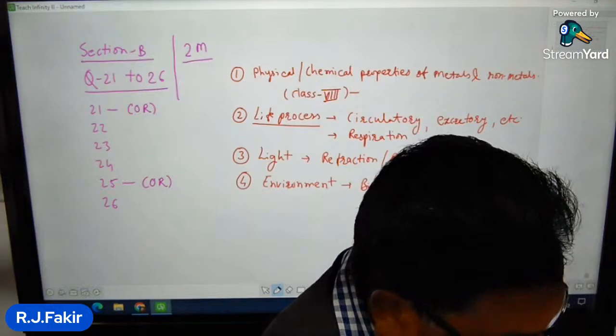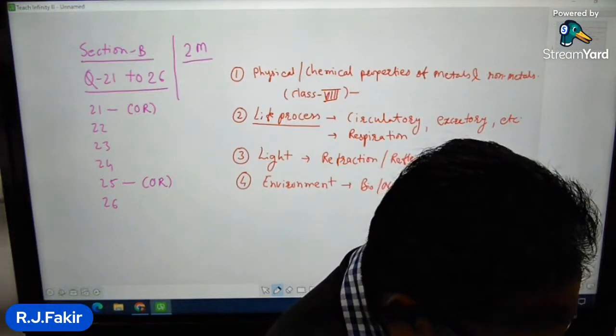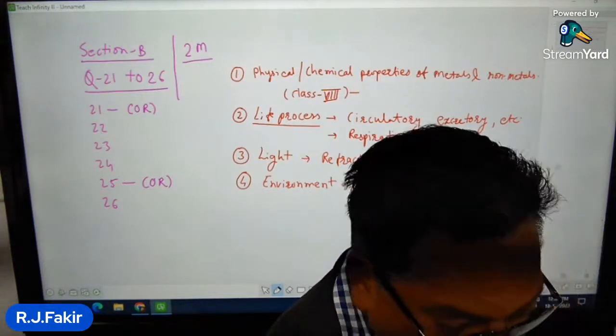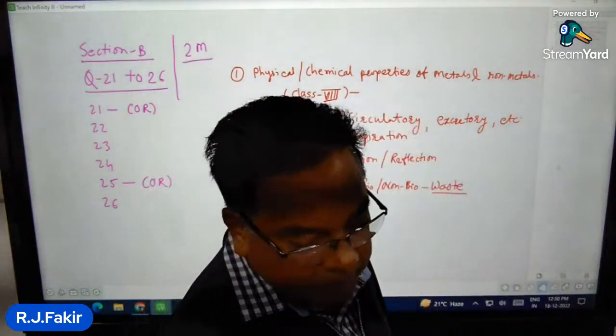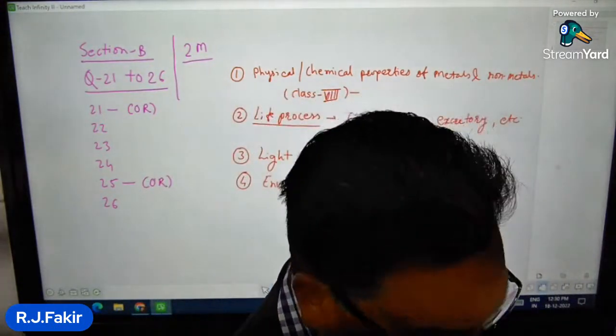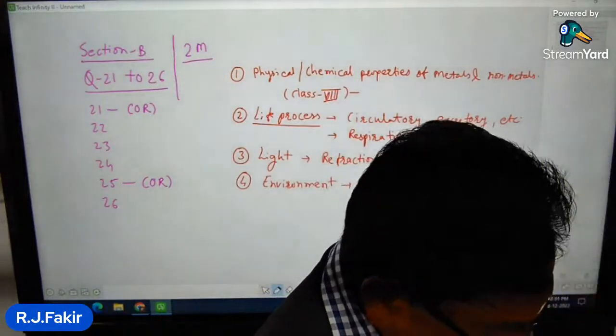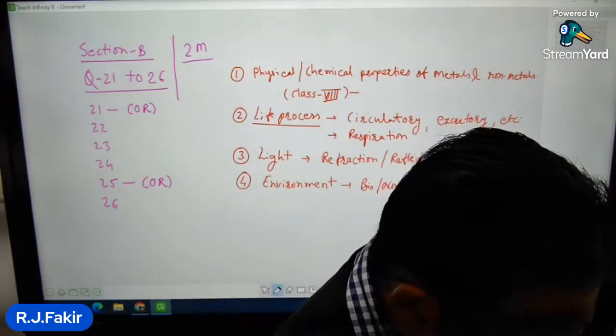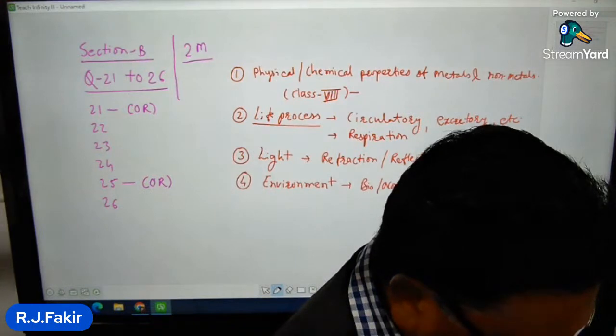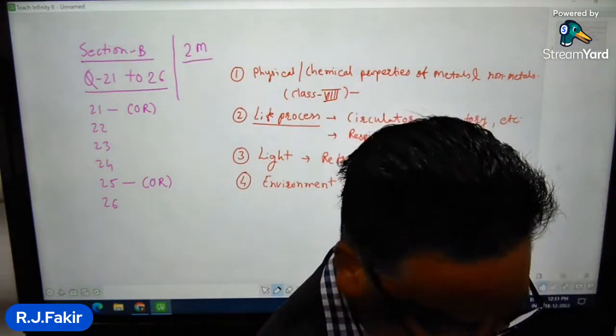Okay. This is question number 26, which is circulated to you in the sample paper. The question is, if all the waste we generate is biodegradable, will this have no impact on the environment?